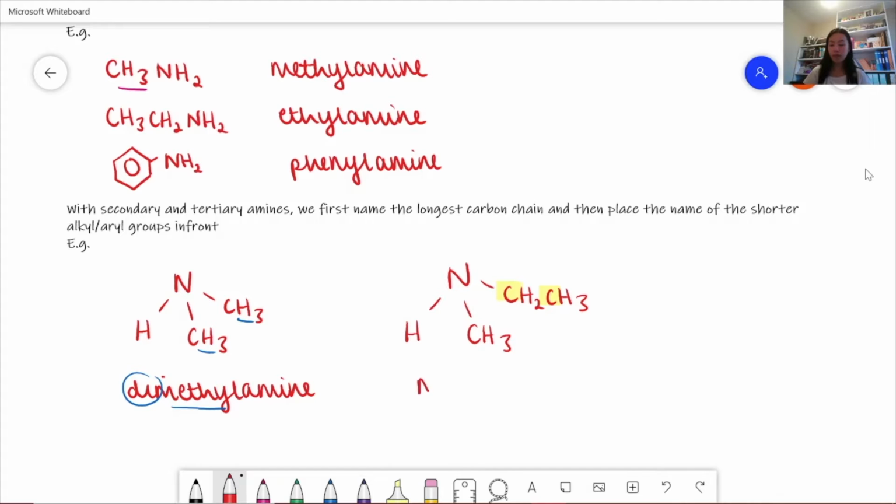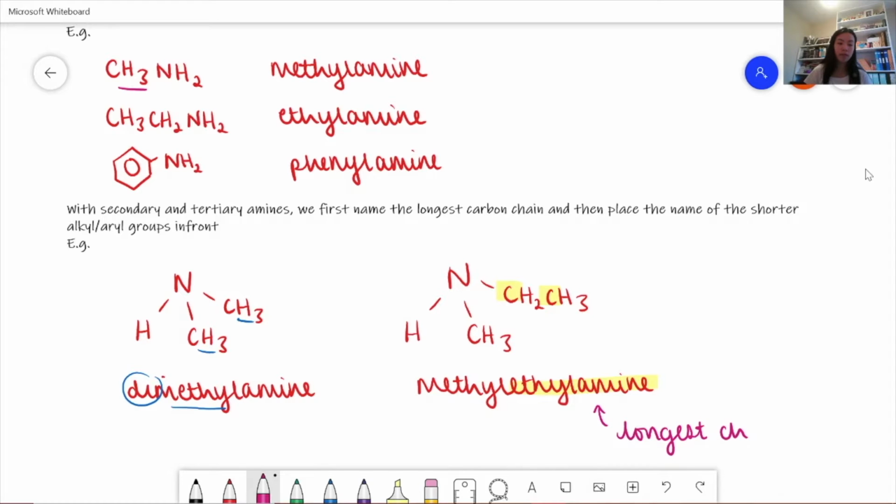And so this would be methylethylamine. So this bit here is the longest chain we have. And so we treat this methyl as a substituent.